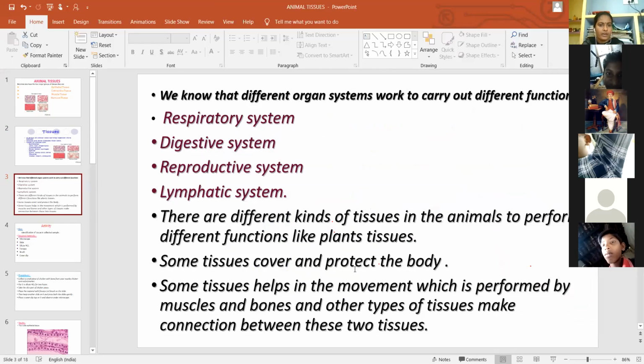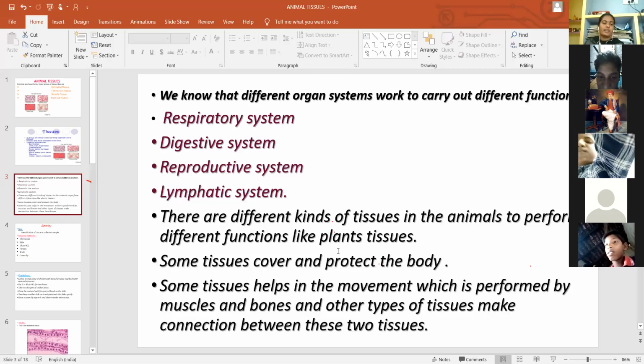We know of some organ systems: the respiratory system, to inhale air; next is the digestive system; and the reproductive system; and the last one is the lymphatic system.